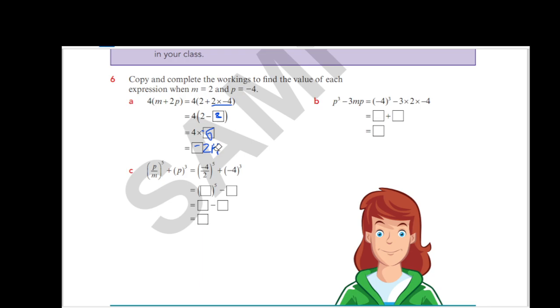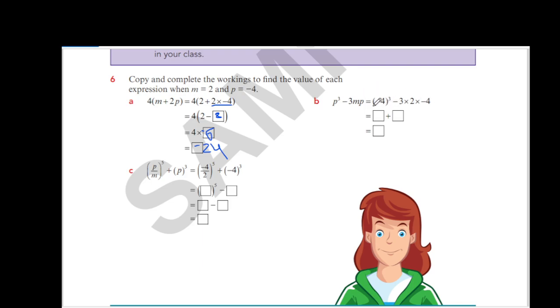Let me correct it. It will be -24. So in part B, the expression is p cubed minus 3 into m into p. The value of p is -4, the value of m is 2, and the value of p is -4.